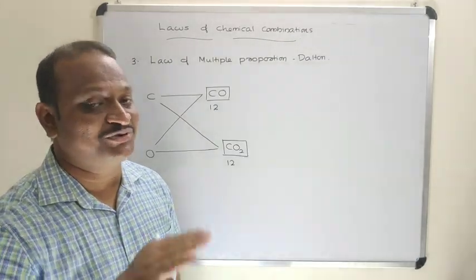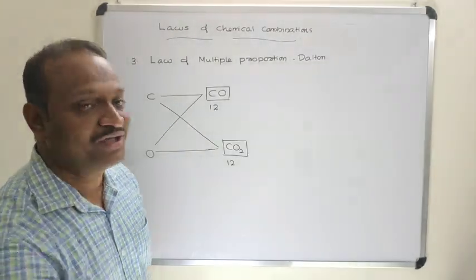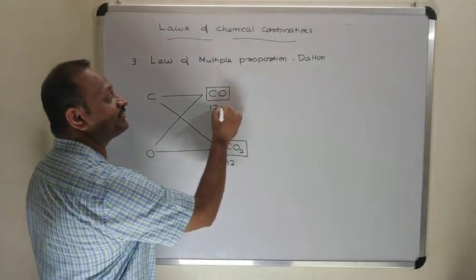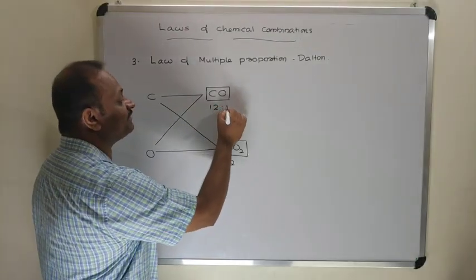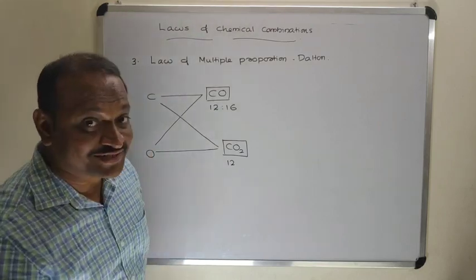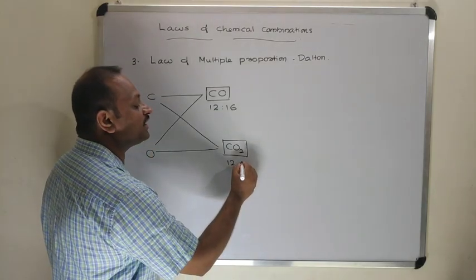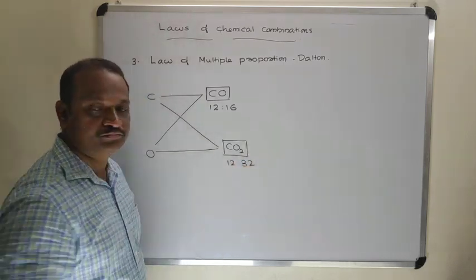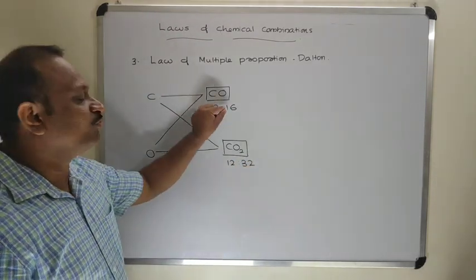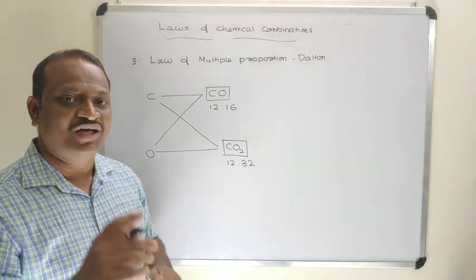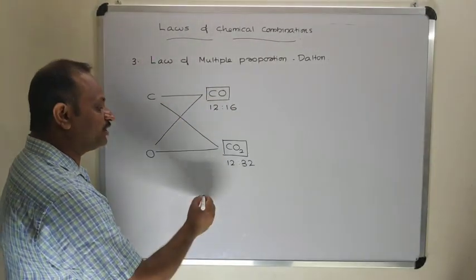Then what about the mass of oxygen in the first compound and second compound? In the first compound you can see that mass of oxygen is 16, whereas in the second compound you can see that mass of oxygen is 32. So I am just taking the weight of oxygen in the first compound. What is the weight of oxygen in the first compound?